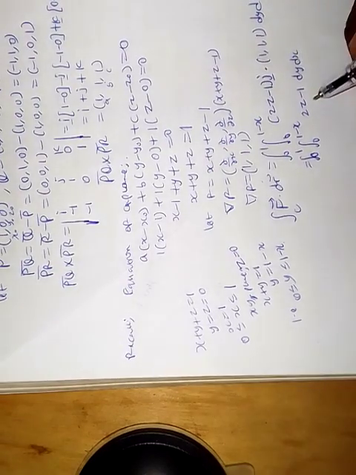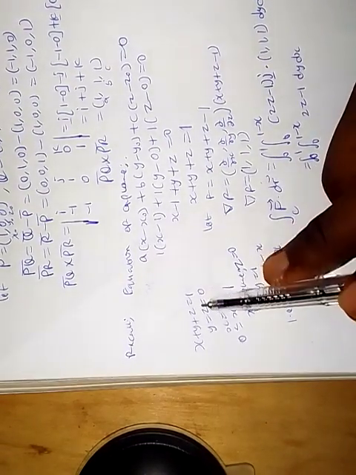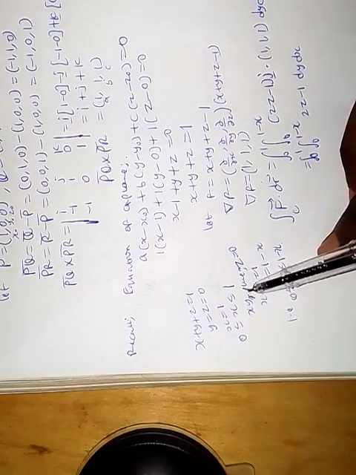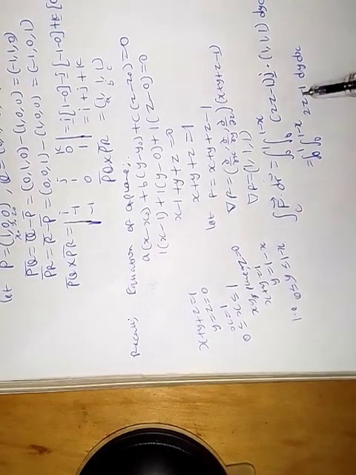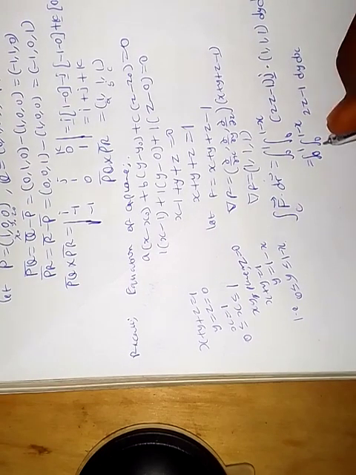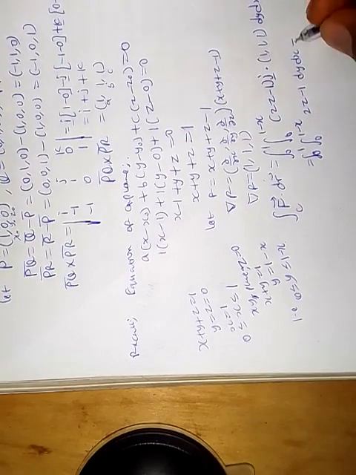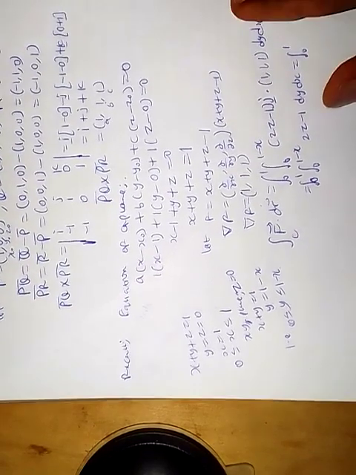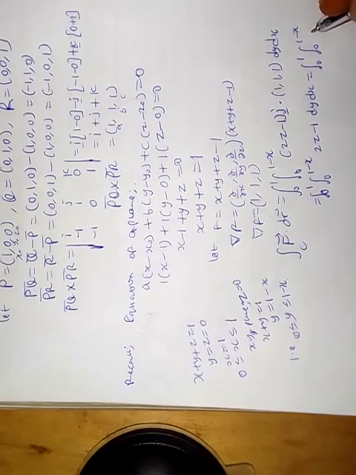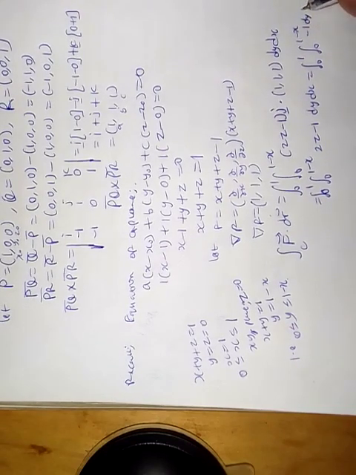But recall that z equals 0 on the x-axis. Also, on the xy plane, we have z to be 0. So when you plug in z here, that will be 2 times 0, that's 0. So we just have 0 to 1, 0 to 1 minus x of minus 1 dy dx.